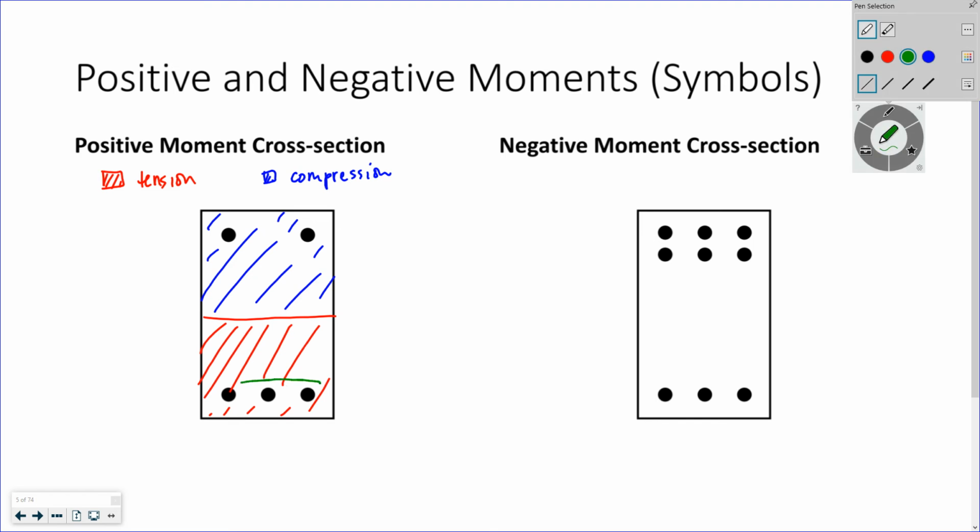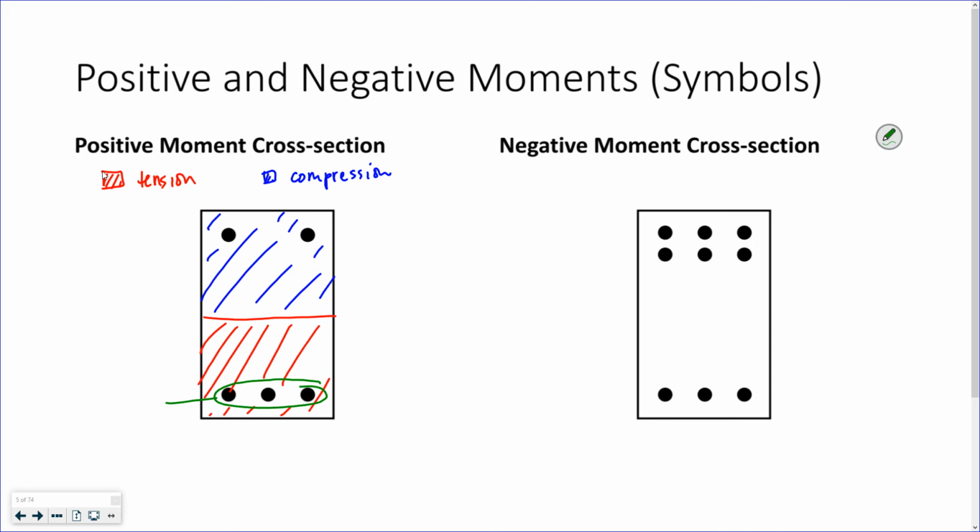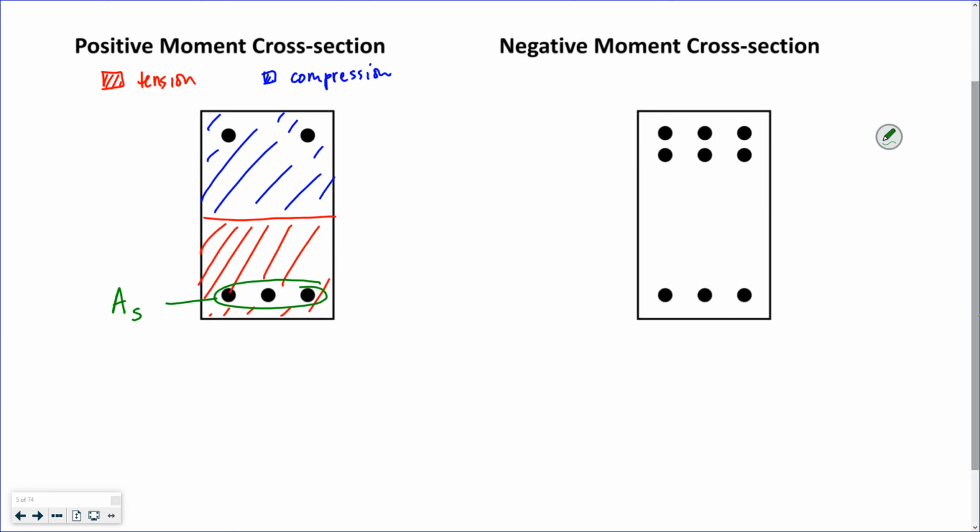So this steel right here, I have 3 steel reinforcement rods. This is referred to as AS. AS is my area of tensile reinforcement.